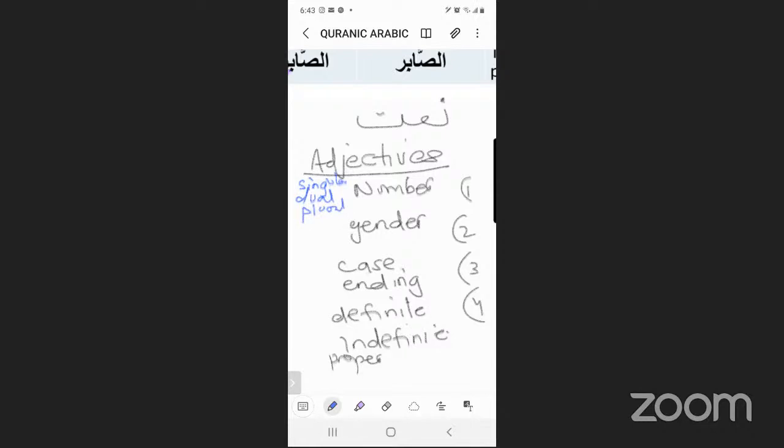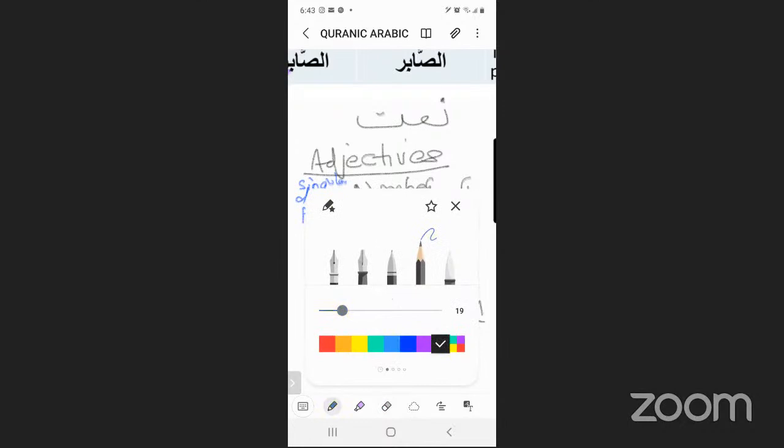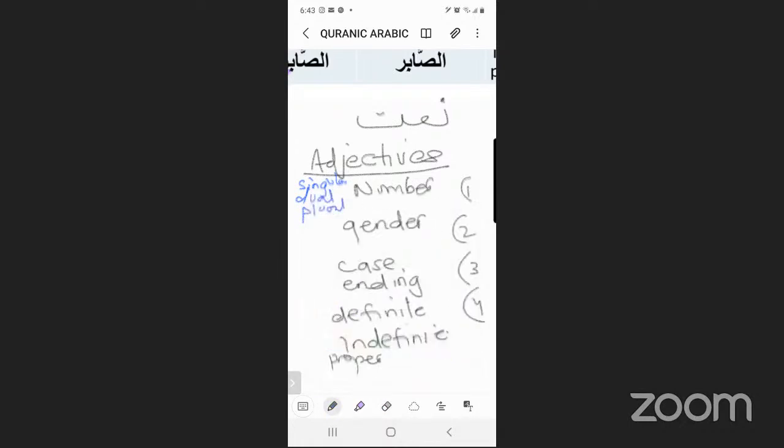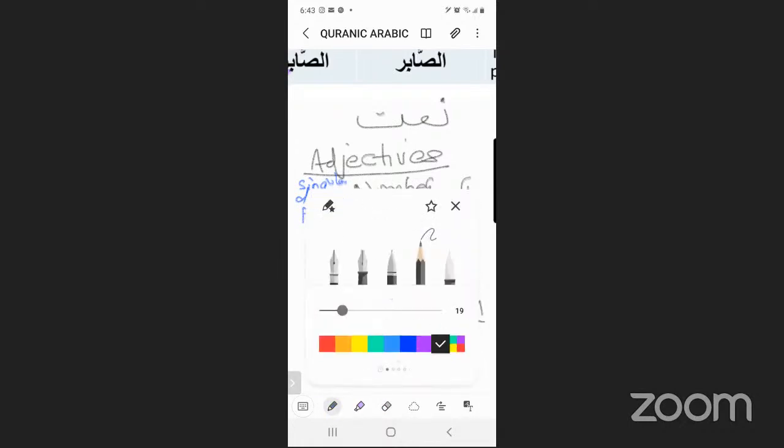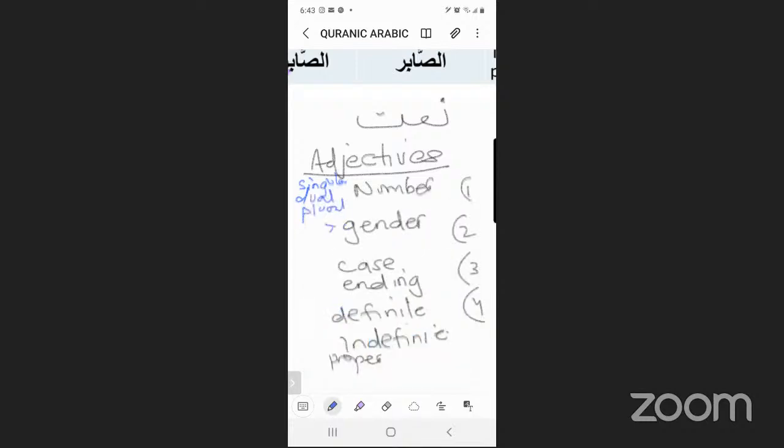Gender means masculine or feminine. Either it's going to be masculine or it's going to be feminine.